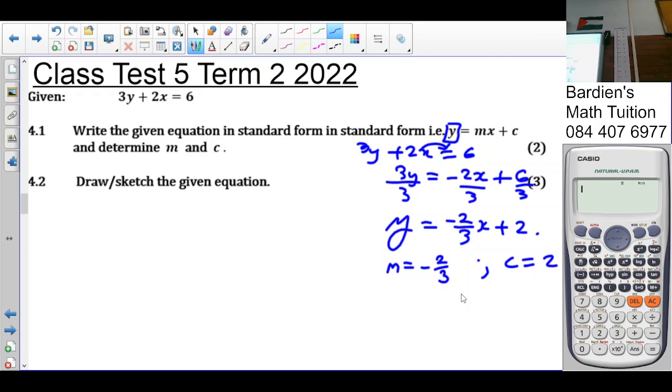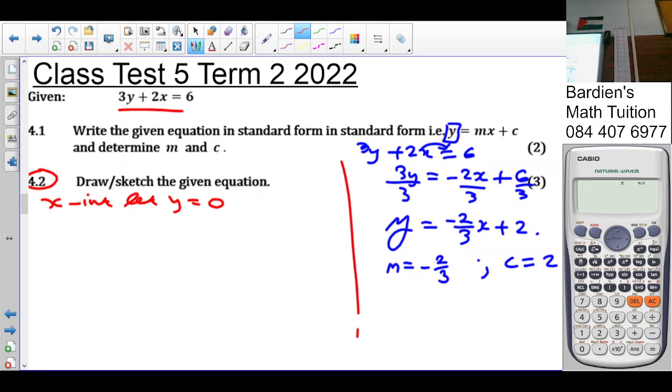Just look at 2.2. We are asked to draw or sketch the given equation. So how do we work out the x-intercept? You let y equal to 0. So it's 3 times 0 plus 2x equals 6.